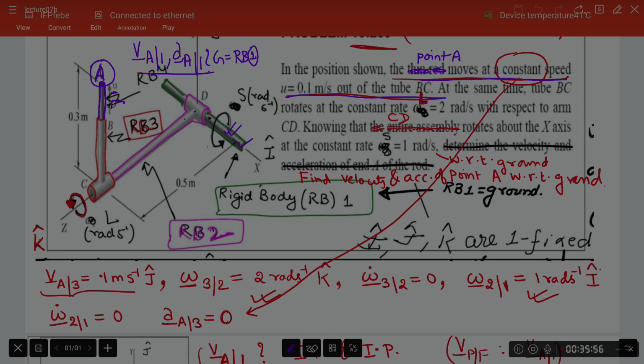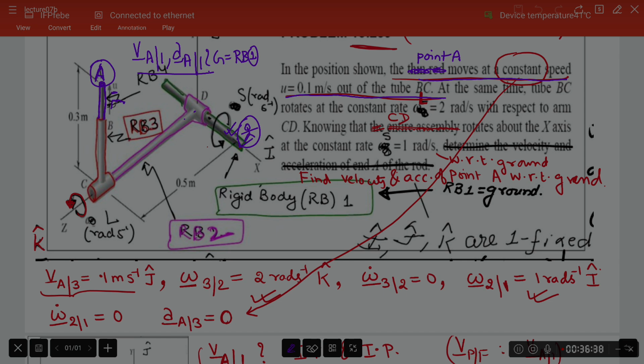Now, if an observer is tied to RB1 and he observes the motion of A, he would see a complicated three-dimensional curve that A executes. The trajectory of A as seen by this man will be a complicated three-dimensional curve. Hard to visualize. And when it is hard to visualize, it will be harder to actually find VA1 and AA1 directly with respect to 1.